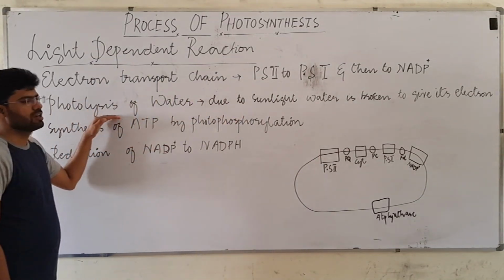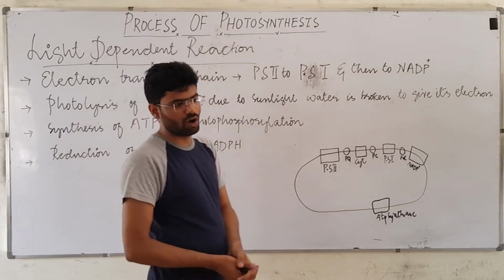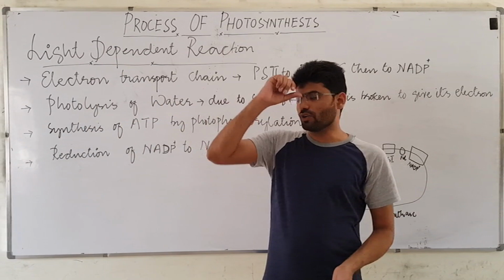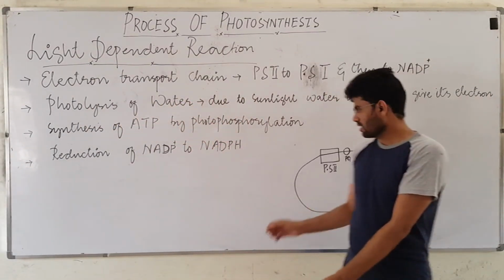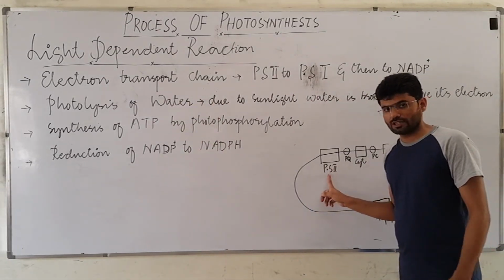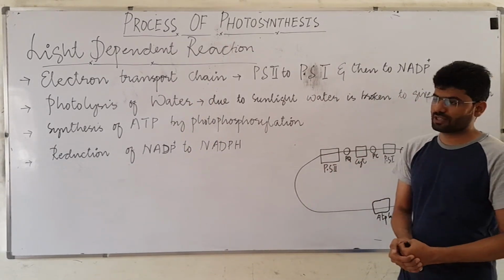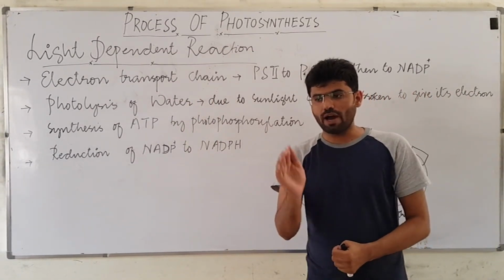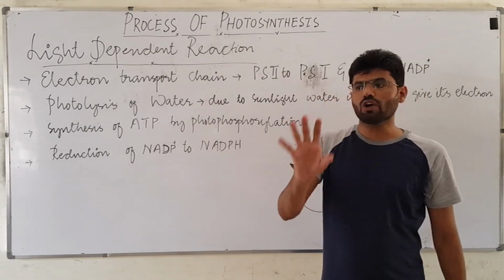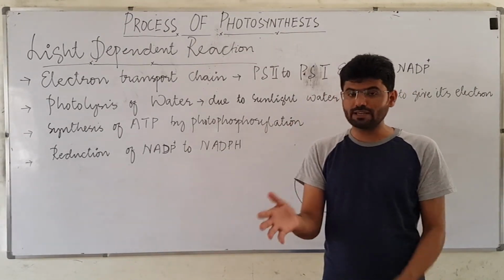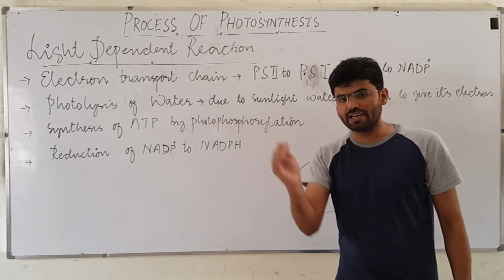The second thing is the photolysis of the water. As you know, lysis means the breaking of something, and here the word is photolysis of water, because due to light, this PS2 lost its electron, and we had to compensate the loss of electron by the oxidation of the water molecule. So you can say the water would not break, I repeat, water would not break if it wouldn't be for the sunlight.